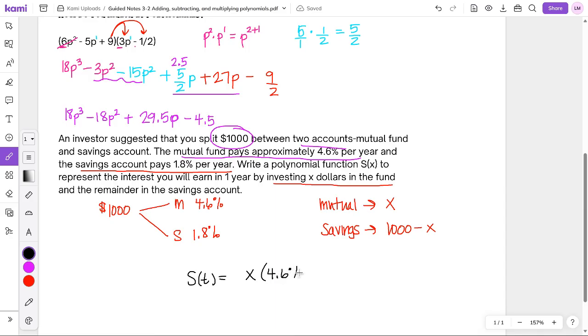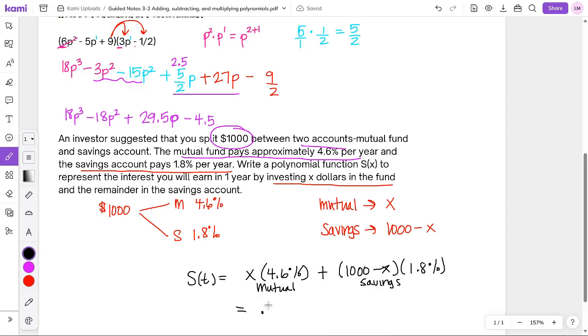So however much money we invest in the mutual fund, we're going to multiply that by 4.6%, plus however much money we deposit in the savings times 1.8%. Right, so mutual fund, savings. All right, so we can clean this up.